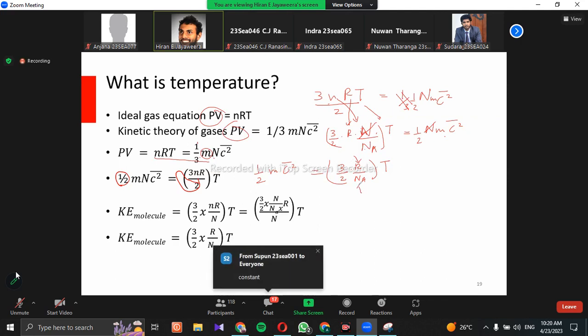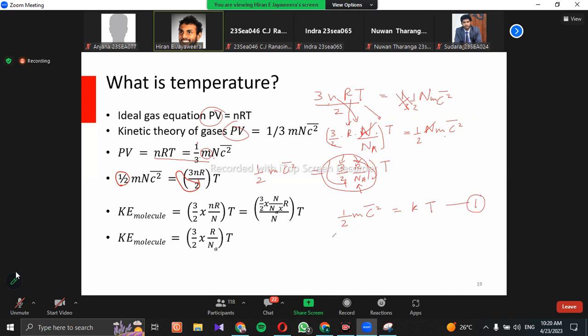Na is the Avogadro number, that is also constant. So 3 is a constant, 2 is a constant. So all together these are constants, right? So you can write that m c squared bar equals some constant, I will put k, into T. Then what is this? Half m c squared.